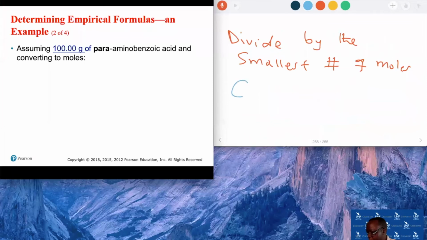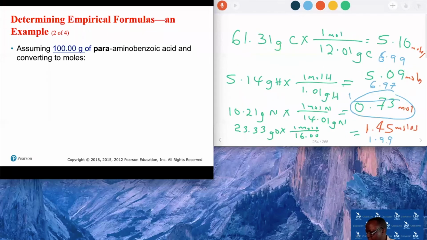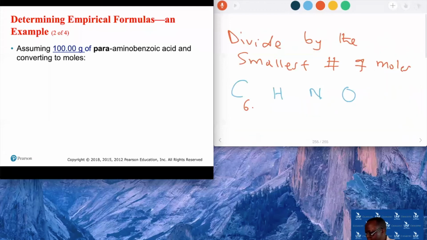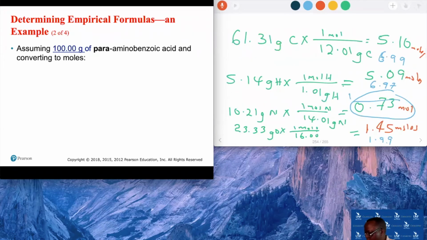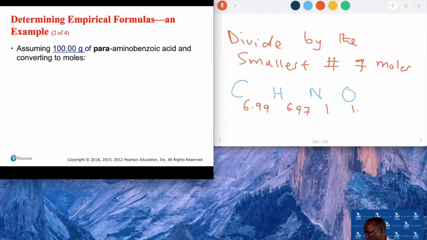So carbon, hydrogen, nitrogen, and oxygen. If I plug in the numbers, I have here 6.99, 6.97, 1 for nitrogen, and for oxygen 1.99.